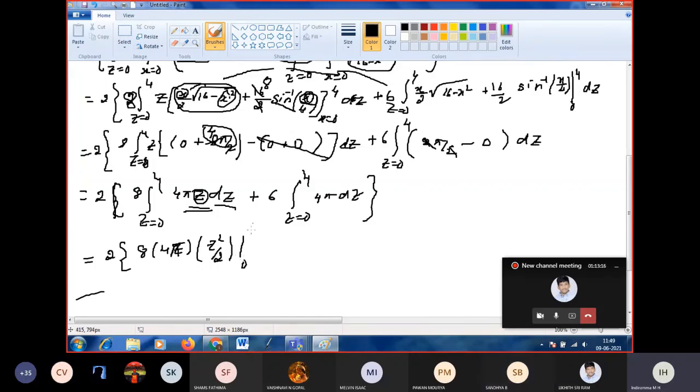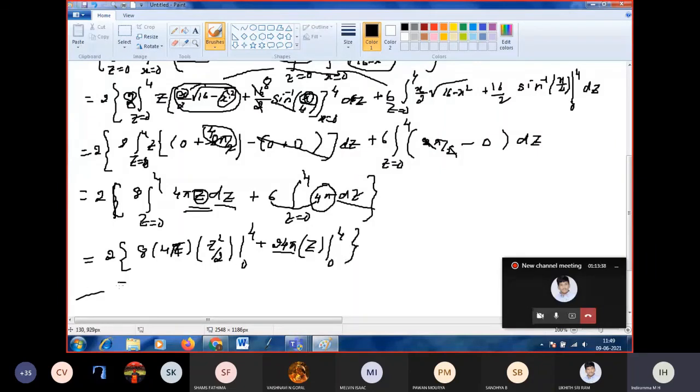Apply the limit 0 to 4 plus 6 4s are 24, 24 pi. What is the integration of 4 pi with respect to z? 4 pi z, from 0 to 4.